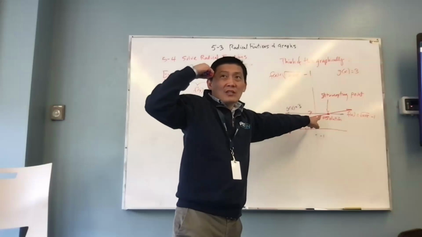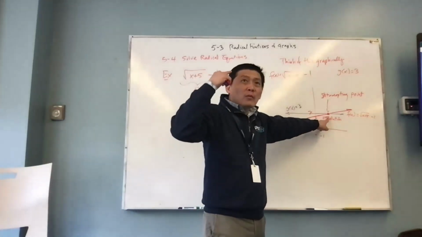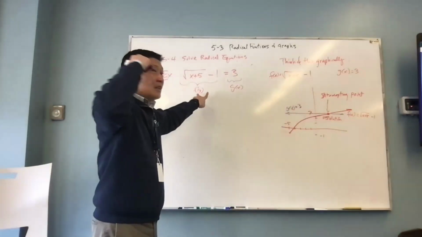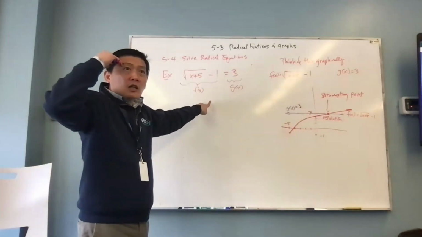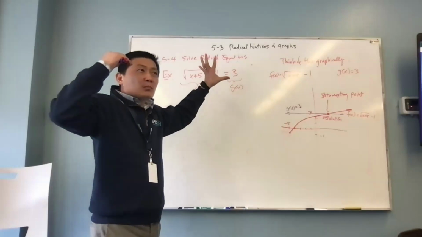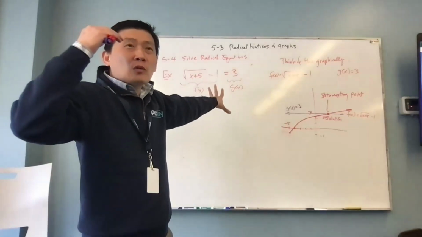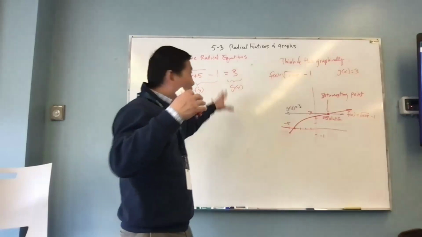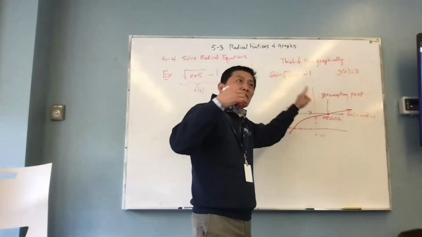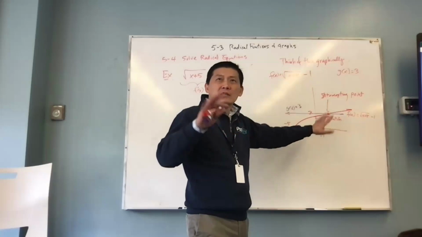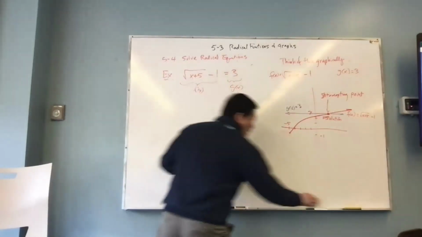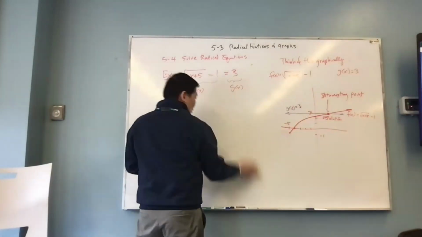I may not know exactly what number that is in terms of actual value, but conceptually I'm seeing this not as just a bunch of letters and numbers. I'm seeing that someone is communicating that we have two things that are crossing each other. Does that make sense? That's how we think about how to solve problems.